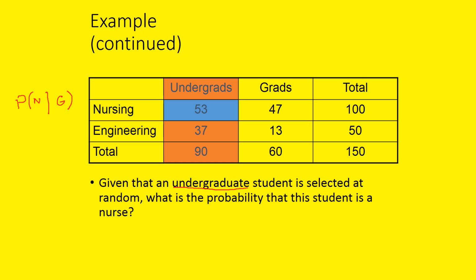Let me fix this. It's an undergrad. She or he does not have a bachelor's degree yet. So he or she is an undergrad. And given that, what's the probability that the person is a nurse? It's probably going to be high. So let's see.